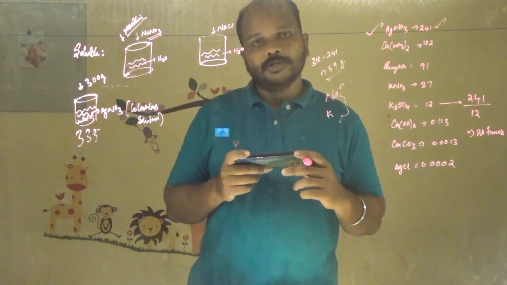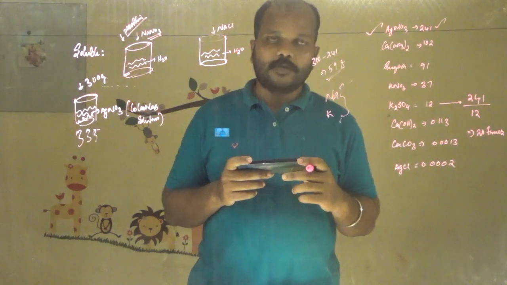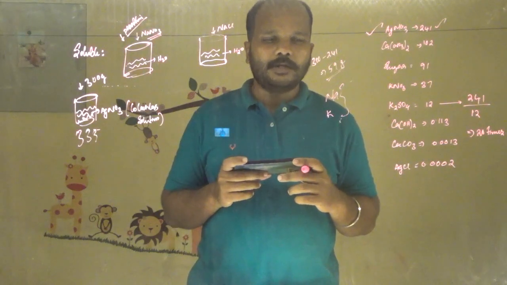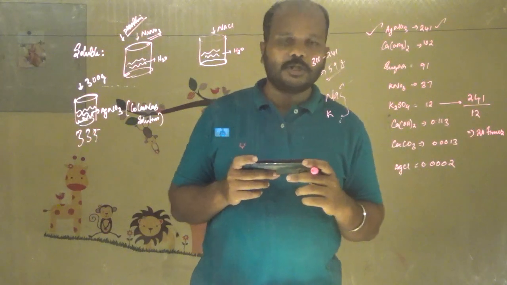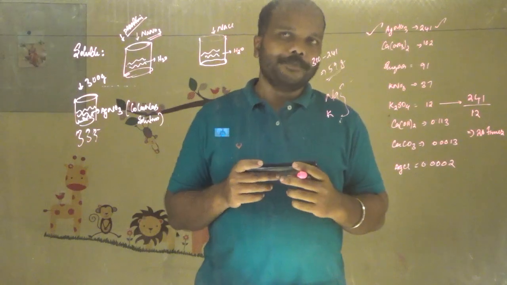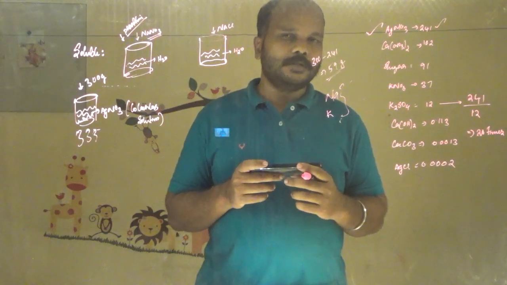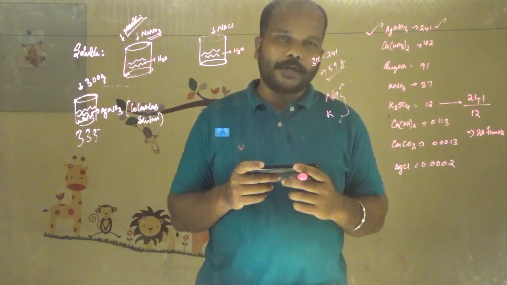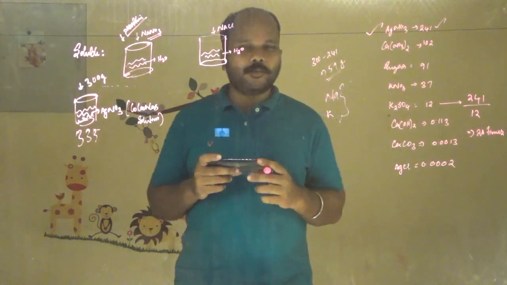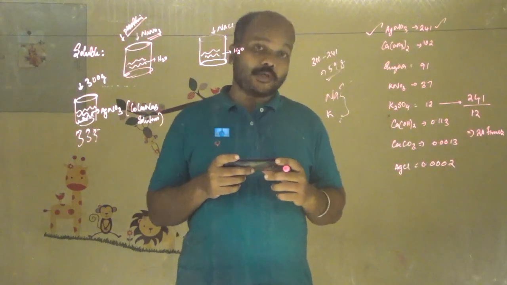Sodium nitrite, sodium chloride, sodium sulfate, or sodium fluoride. Sodium fluoride solubility will be a little bit less, but it is still soluble. In the same way, potassium nitrite, potassium chloride, potassium hydroxide, and potassium oxide.